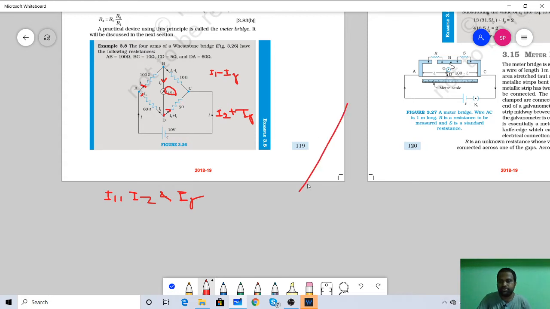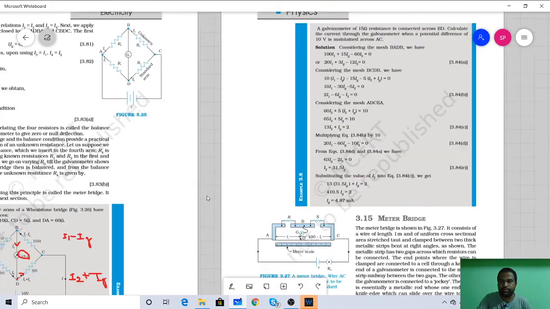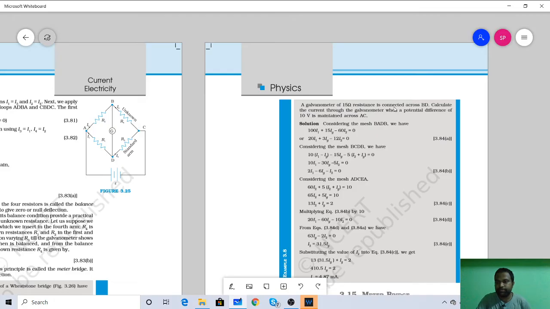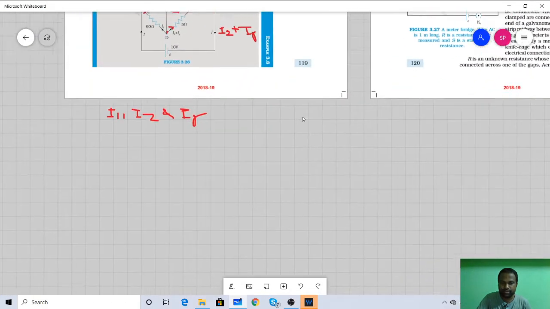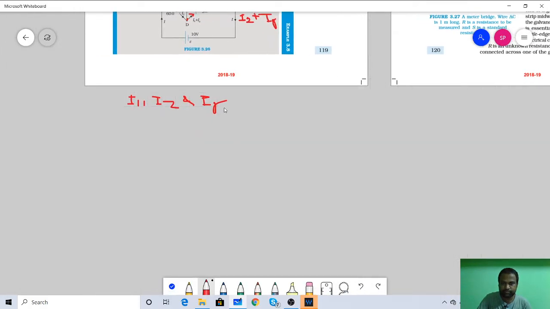The question says a galvanometer of 15 ohm resistance is connected across BD. Calculate the current through the galvanometer when a potential difference of 10 volt is maintained across AC. That means in this question it is asked to calculate Ig, but you can calculate I1 and I2 also.